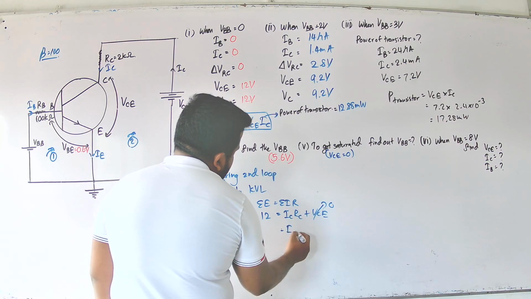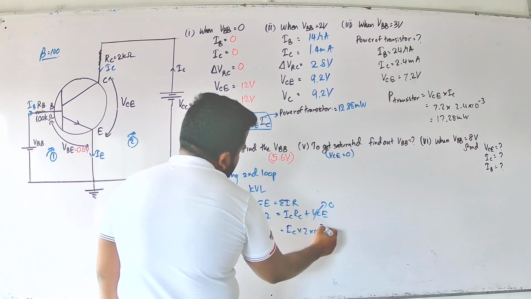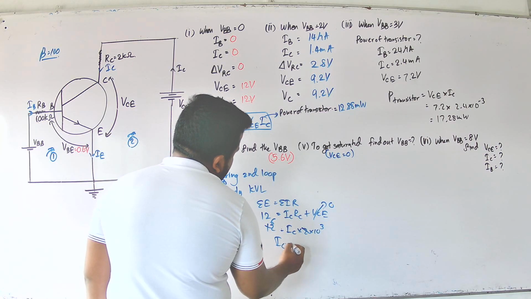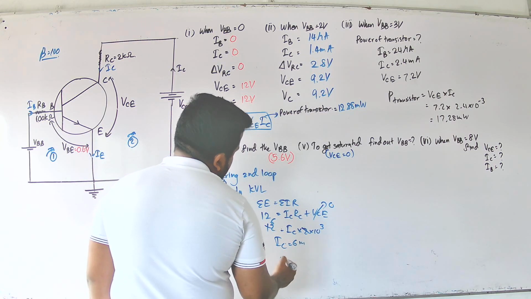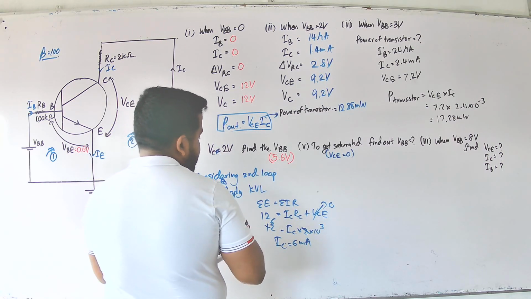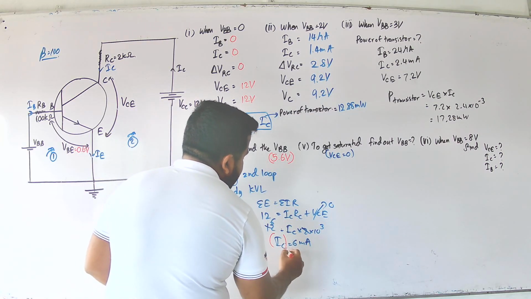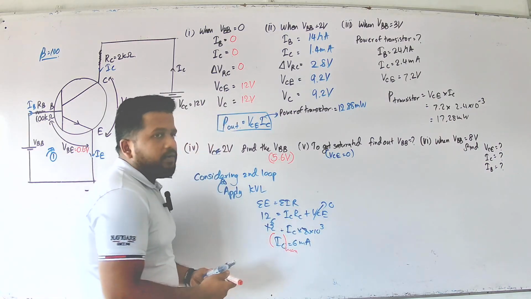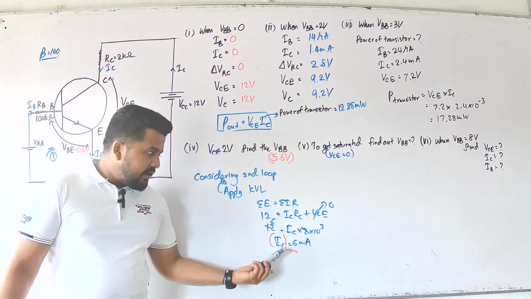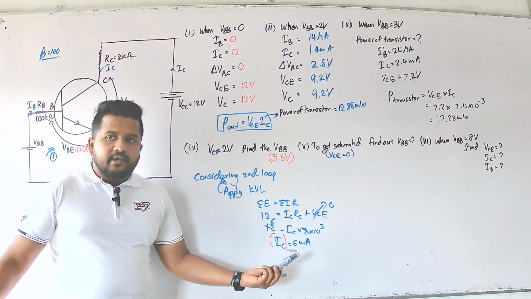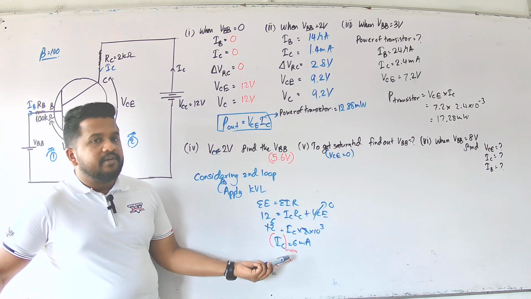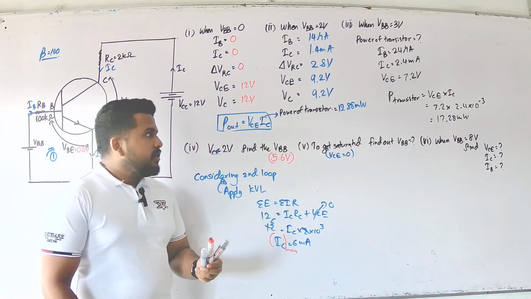That means IC into RC, 2 × 10^3, so IC equals 6 milliampere. So this is the maximum current. IC cannot be increased any further. In this case, all the charge carriers are in action, so IC cannot be increased furthermore.